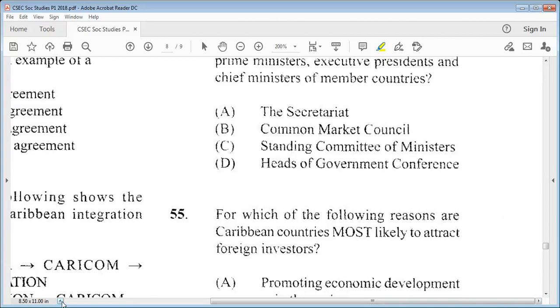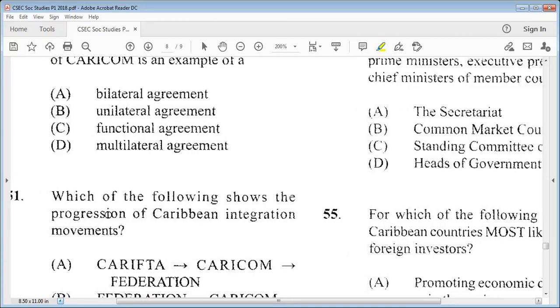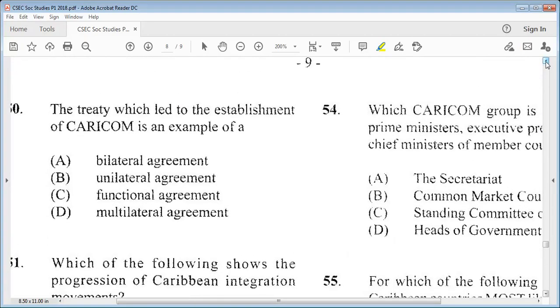Let's move on to question number 50. Here it says, the treaty which led to the establishment of CARICOM is an example of A, bilateral agreement, B, unilateral agreement, C, functional agreement, D, multilateral agreement.